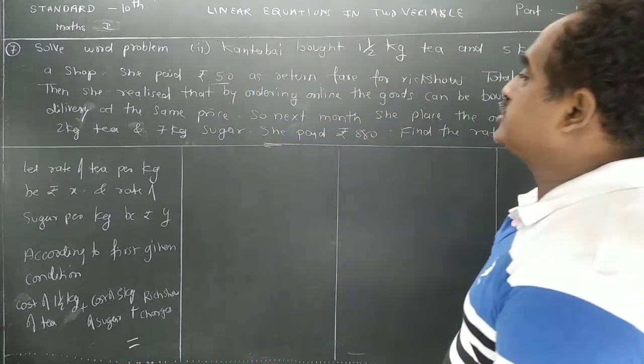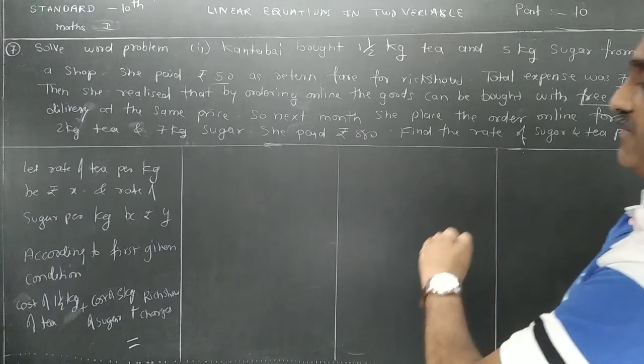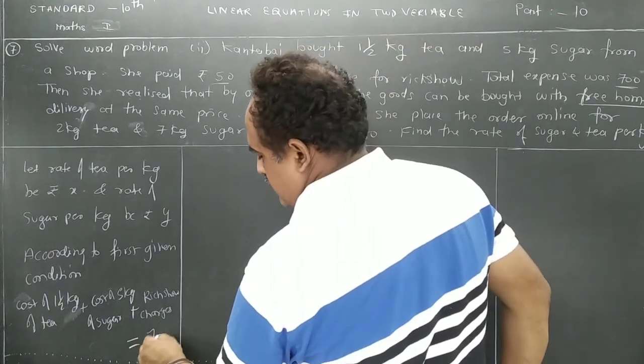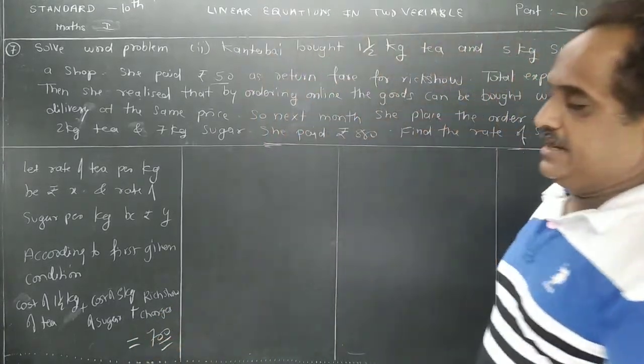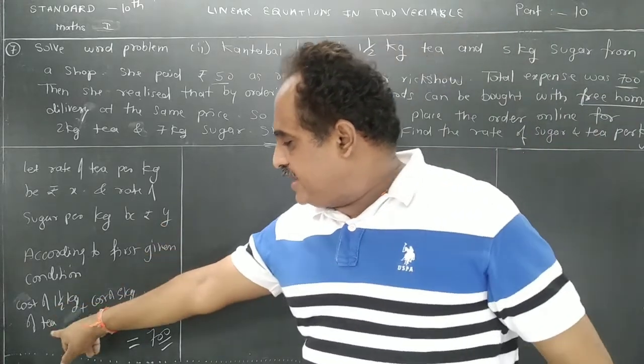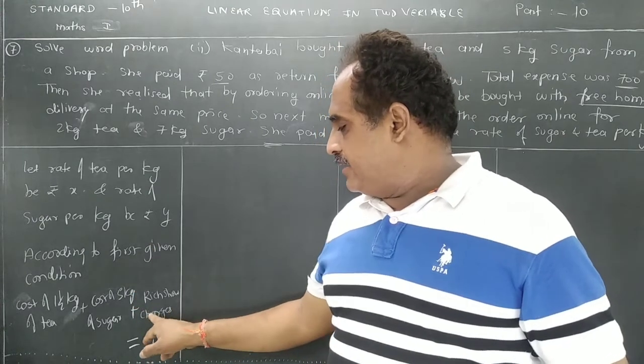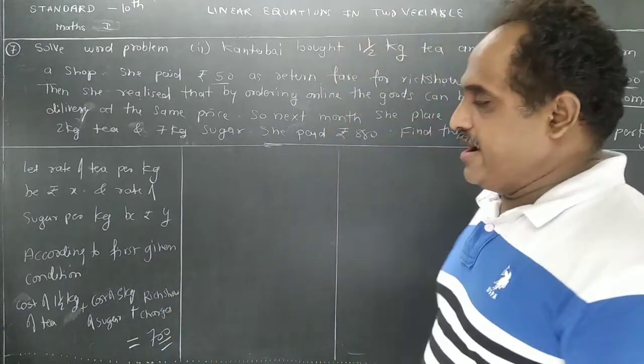All that costs how much? They have given 700 rupees. See once again, according to the first given condition, the cost of 1.5 kg of tea plus 5 kg of sugar and rickshaw charges is 700.